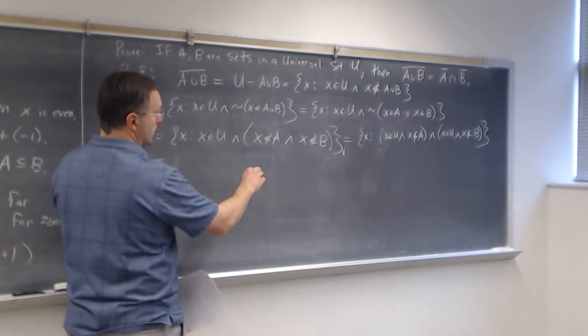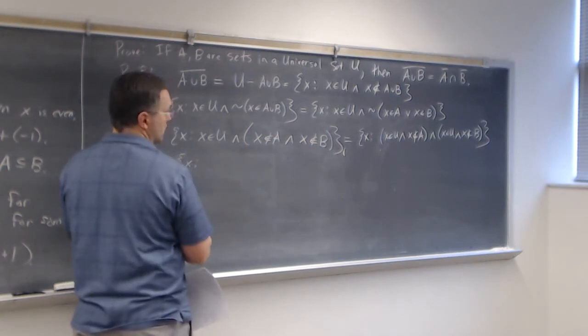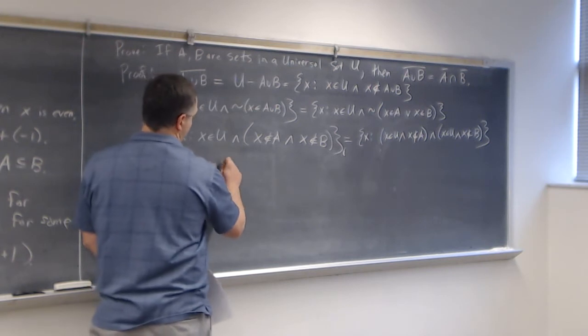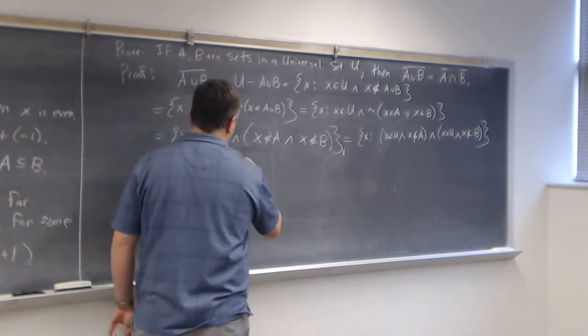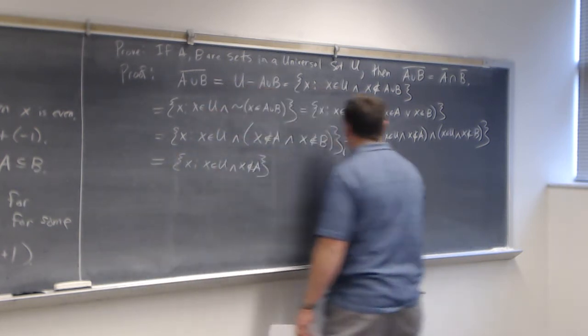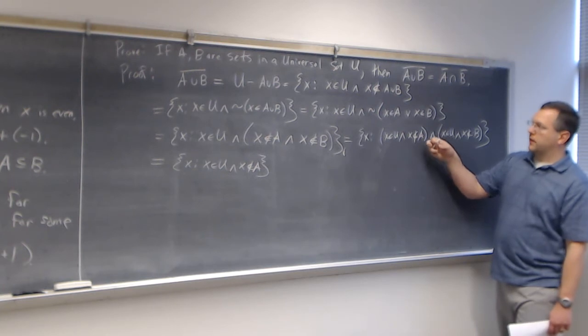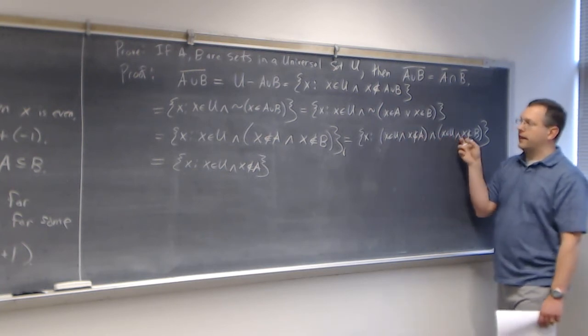I'm going to rewrite this. I'm going to break this up into two sets. Set of x such that x is in the universal set and x is not an element of A. So x is in here and in here.